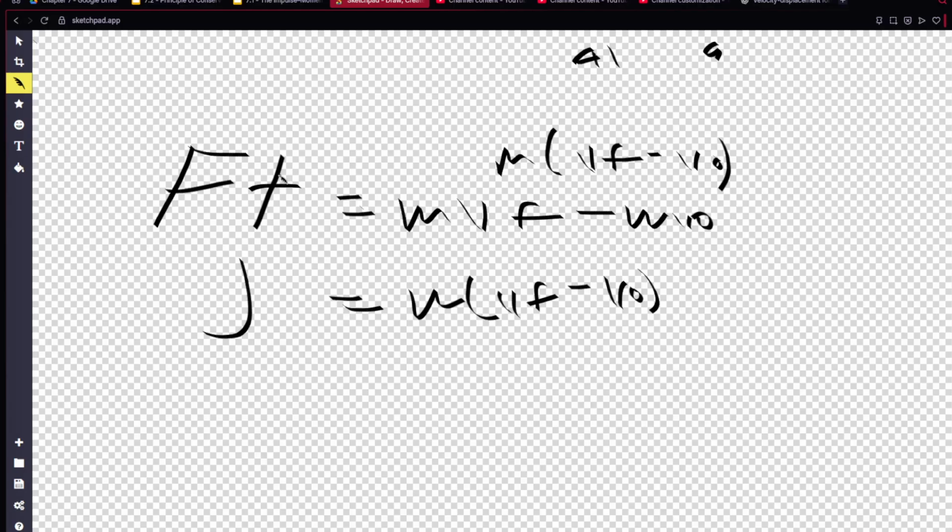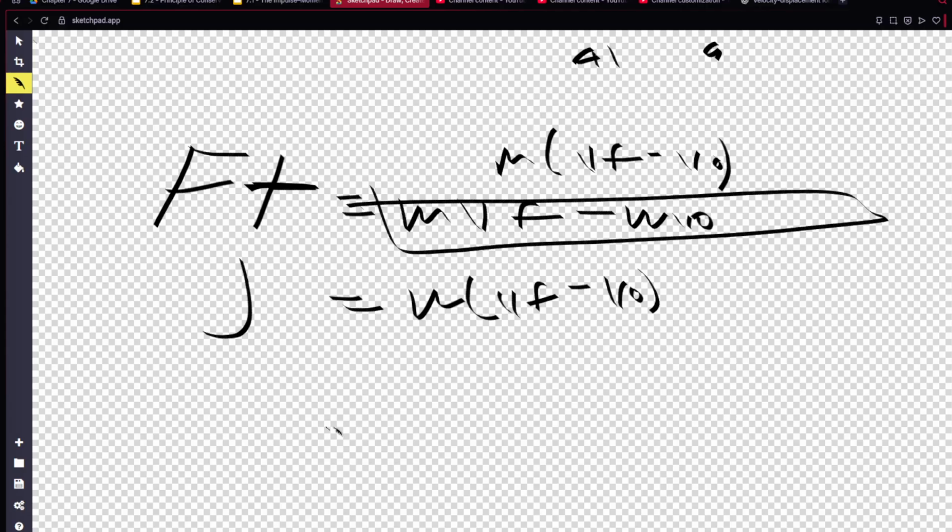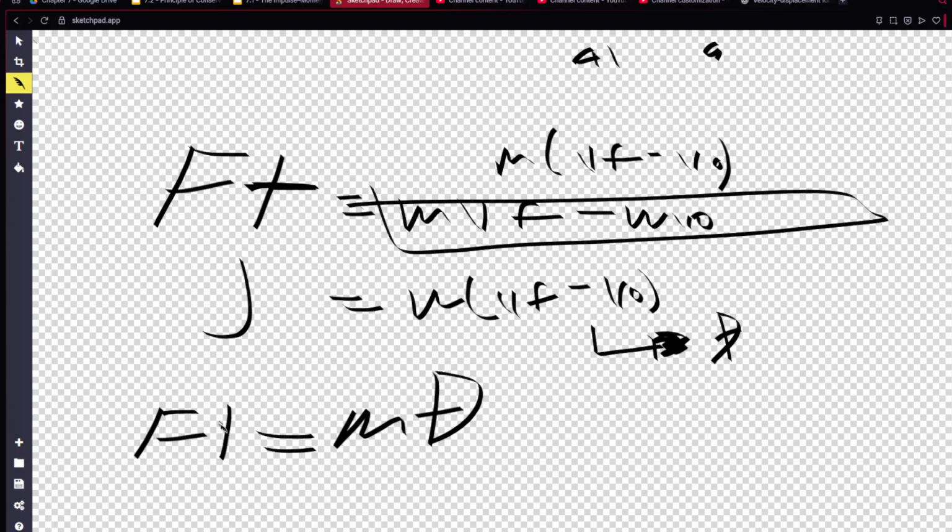So what happens if the time is greater? Well, let's say the change in velocity is a constant. So let's say that the delta v, or this term right here, is just a constant.